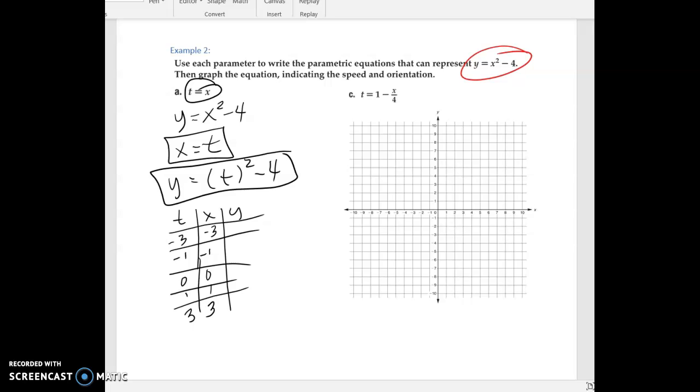And then to do my y's, -3 squared is 9, minus 4 is 5. -1 squared is 1, minus 4 is -3. 0 minus 4 is -4. 1 squared is 1, minus 4 is -3. And 3 squared is 9, minus 4 is 5. And so I've got my points that I can graph. Keep in mind that these are my points right here, not the t, but as I graph it, I'm going to write those down.